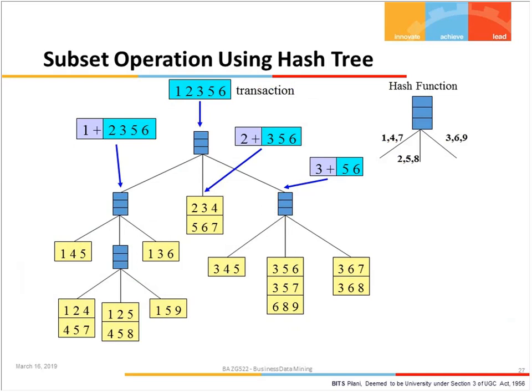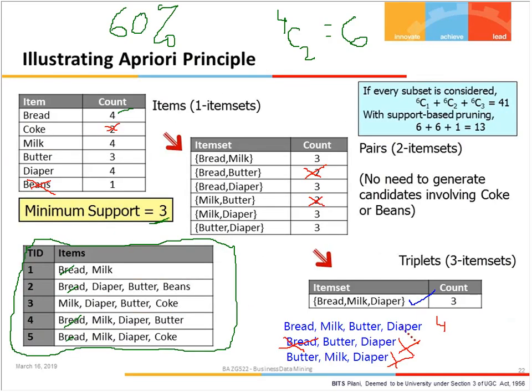Here we have a transaction. See, what happens is that we have a transaction database, which will be somewhat like what we have seen earlier. But we are talking about items for which we are not storing the names, but item numbers. So the transaction will look somewhat like this.